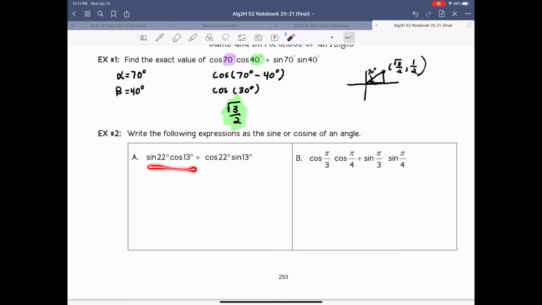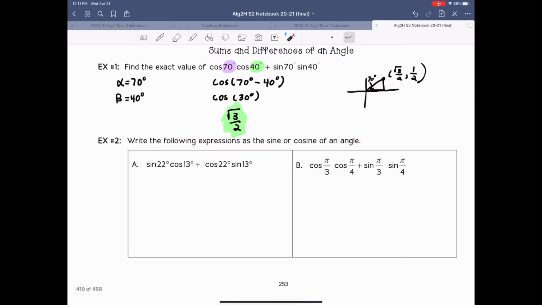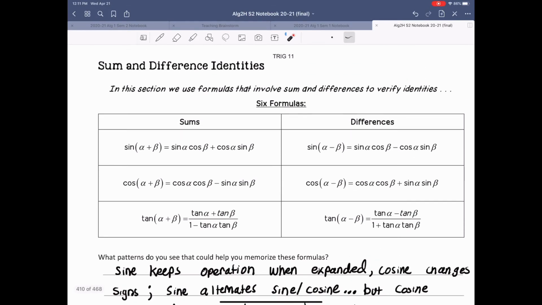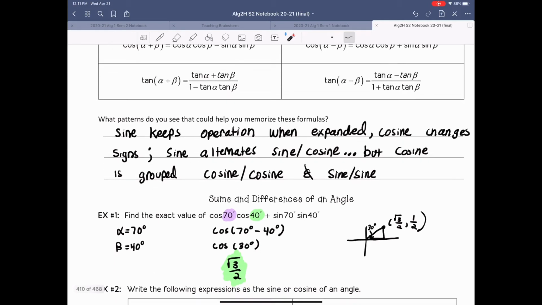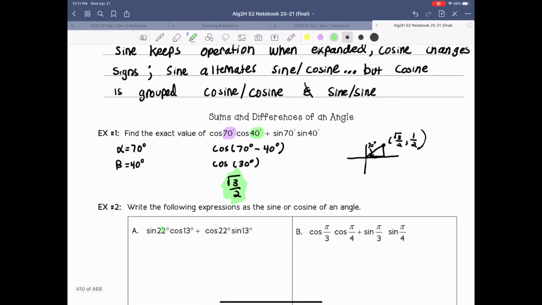So what we need to do is look up above and see which formula has sine cosine plus cosine sine. If I look up here, the only formula that has sine cosine plus cosine sine is the sine of alpha plus beta. So in this case, my first angle is 22 degrees, so alpha is 22 degrees, and the second angle we're looking at is 13 degrees, so beta equals 13 degrees.